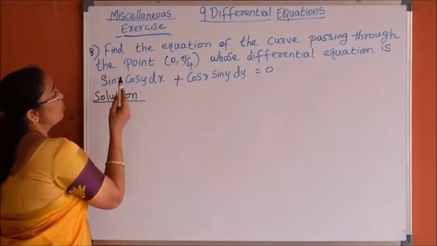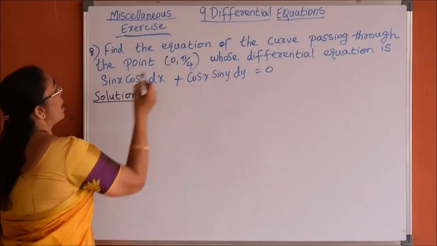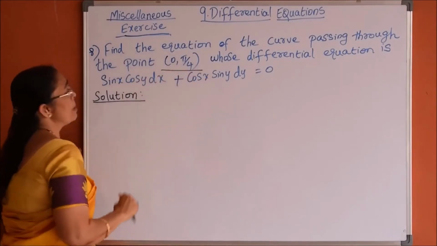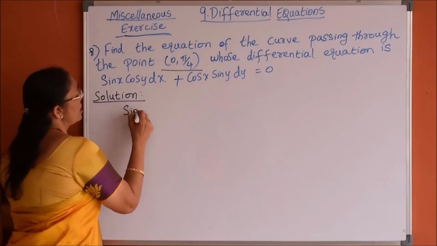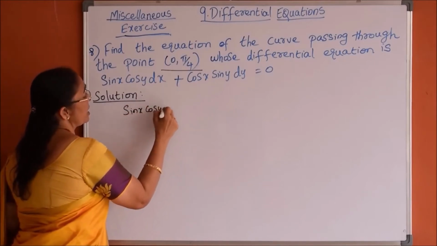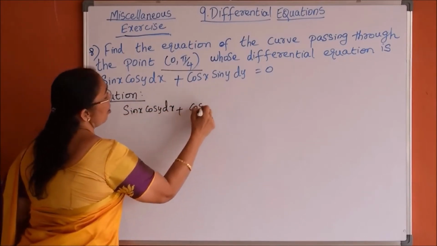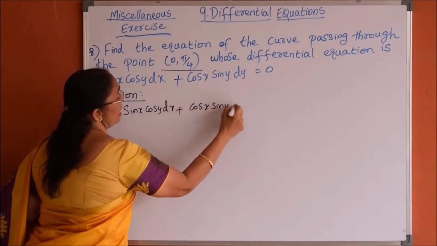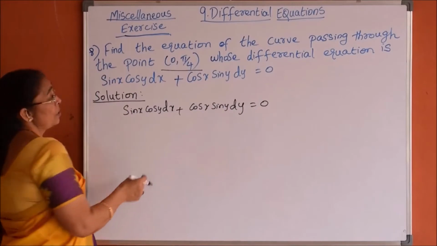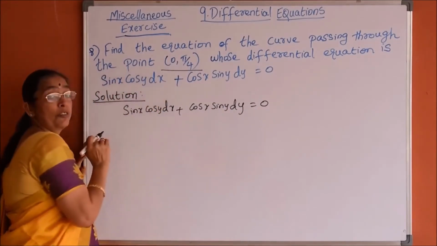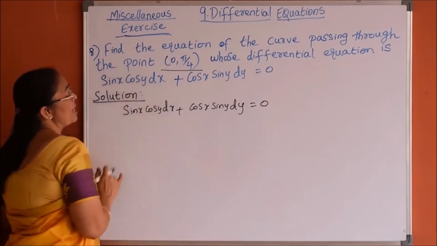8th problem. Find the equation of the curve passing through the point 0 comma pi by 4 whose differential equation is sin x cos y dx plus cos x sin y dy is equal to 0. So, first we can solve this differential equation by the method of variable separable.